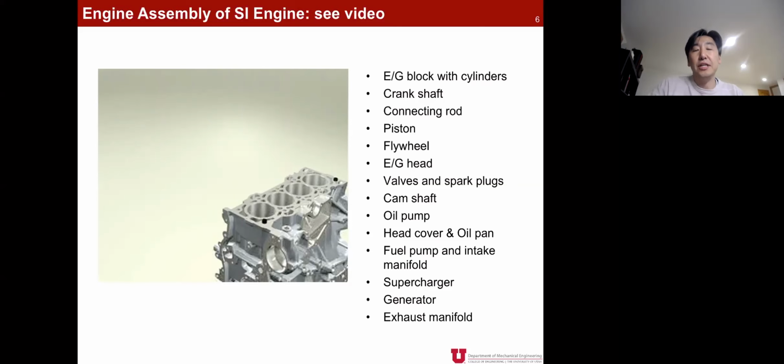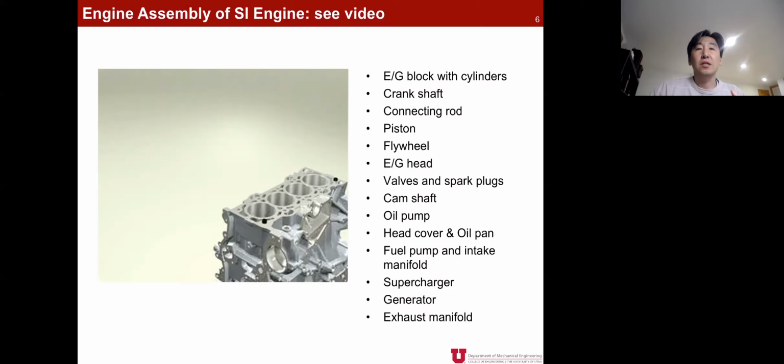The spark ignition engine has a spark plug that ignites the combustion process. The CI engine does not have spark plugs. Instead, it compresses the air and fuel mixture so much that ignition starts by itself after the compression process. That is why we call it compression ignition engine.